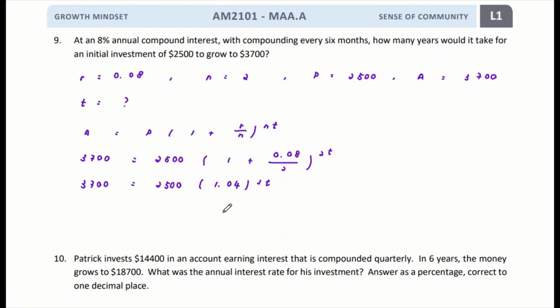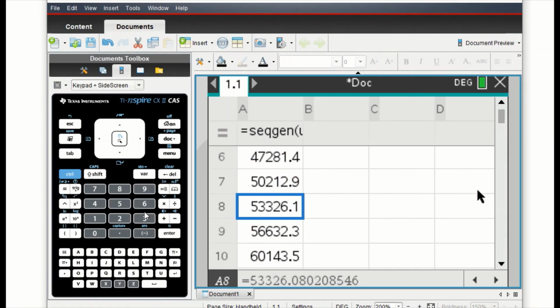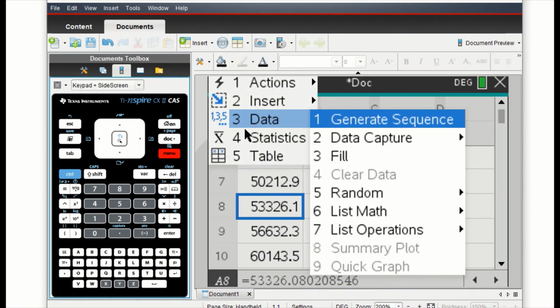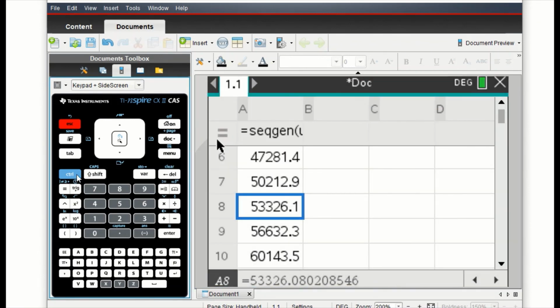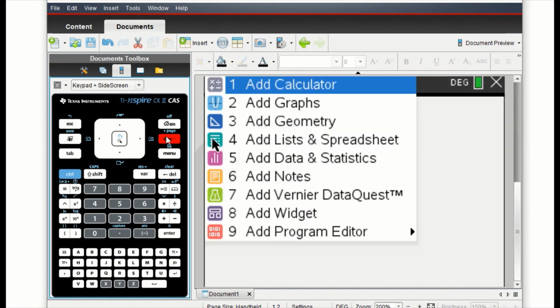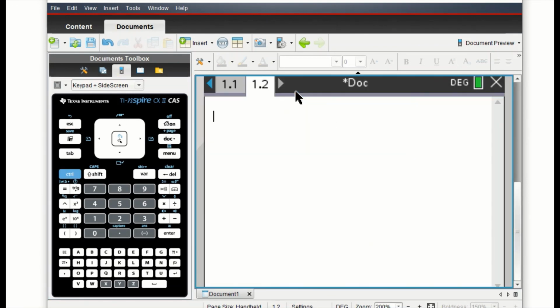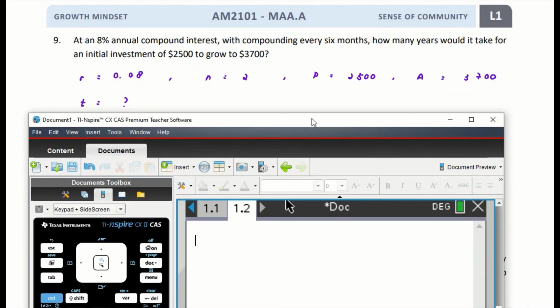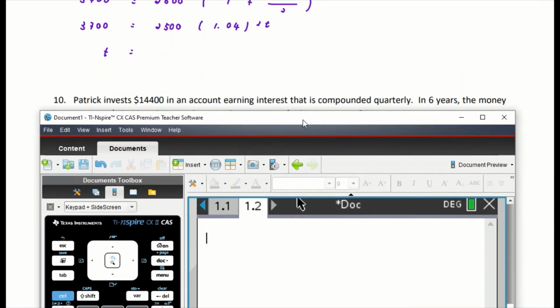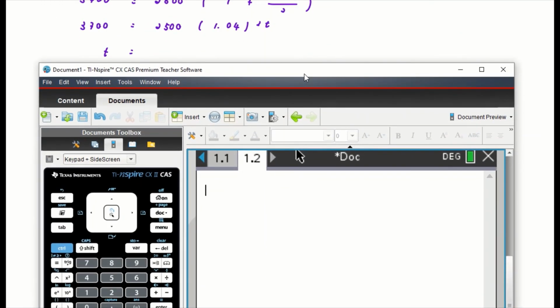Okay, so we can use our calculator to help us do this. So menu, okay, then we need to open another new page first, so we are adding a calculator. I hope you still remember how to use nSolve, which is very important in our financial mathematics topic.